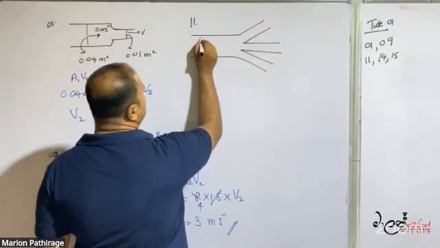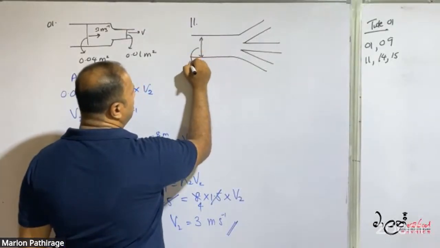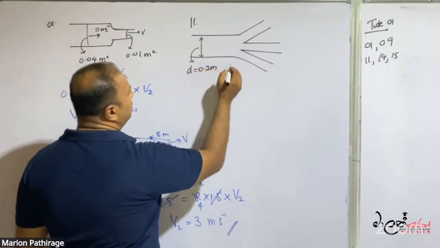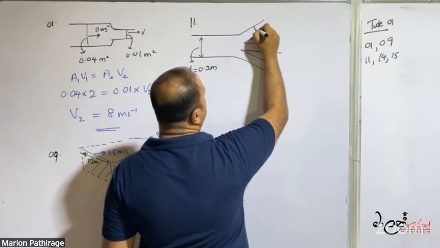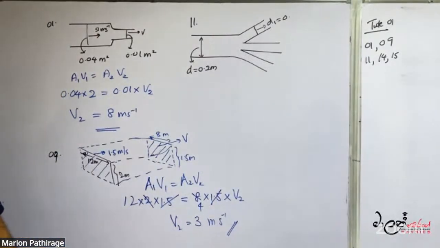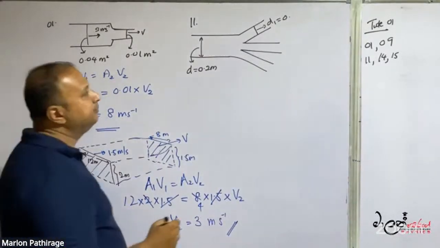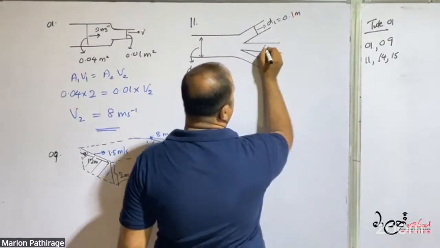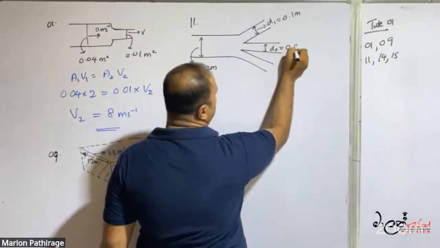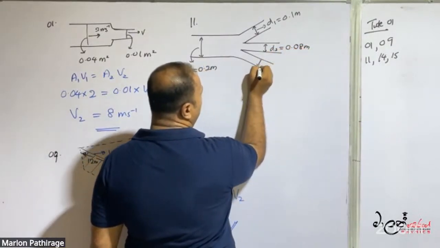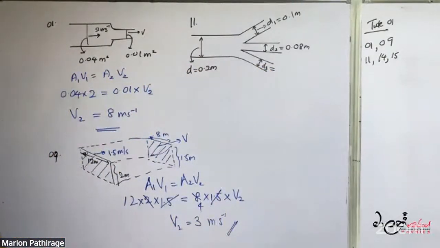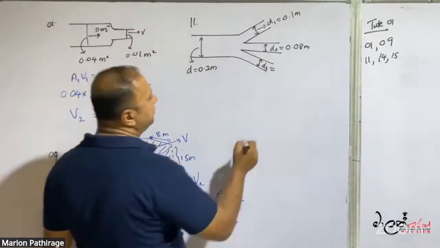If this one D1 is 0.1 meter, this one D2 is equal to 0.08 meter, and this one D3 is equal to 0.05 meter respectively.